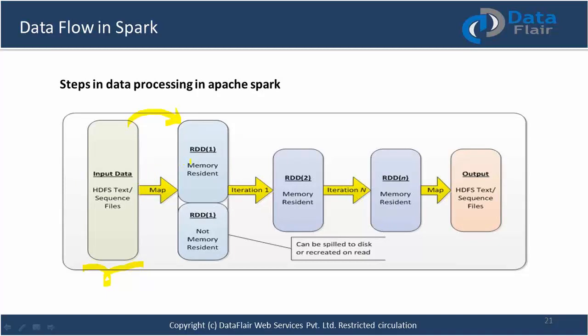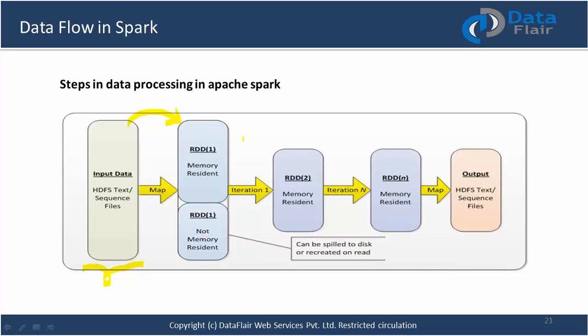Now guys, the output, that is the first RDD. Some part is available in the memory, meaning memory resident. Another part is not available in the memory, that is not memory resident, that is spilled to the disk. Due to the limitation of, oh sorry, due to the limitation of memory, you can do this.